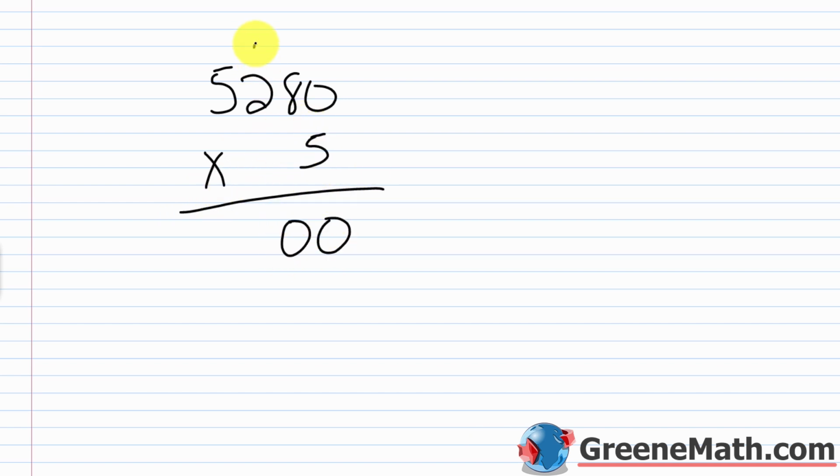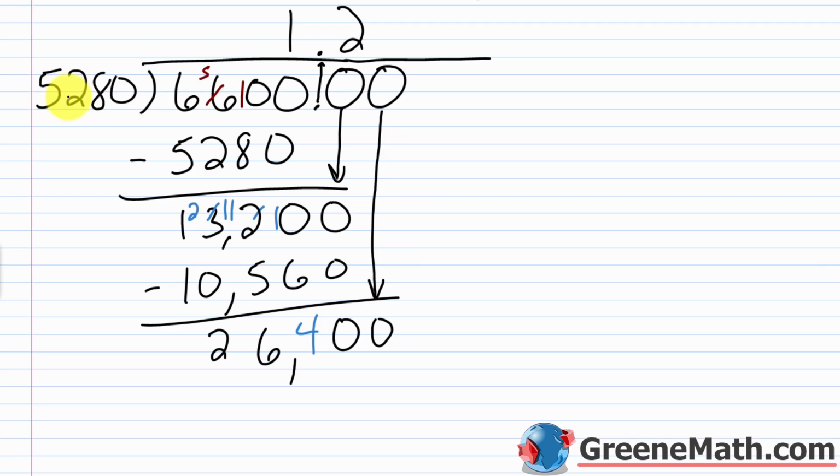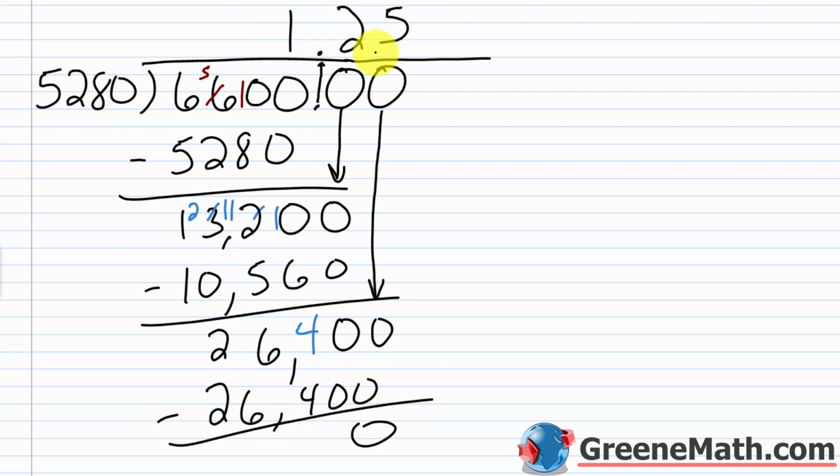So 0 down, carry the 4. 5 times 2 is 10, plus 4 is 14. 4 down, carry the 1. 5 times 5 is 25, plus 1 is 26. So this is exactly what we're looking for, 26,400. So we know that 5,280 goes into 26,400 5 times. So 5 times 5,280, again, is 26,400. Subtracting gets 0.